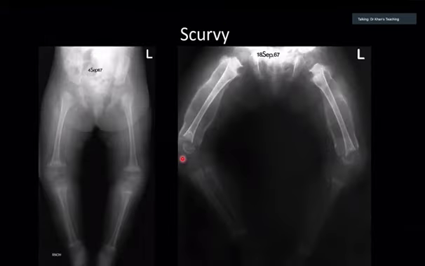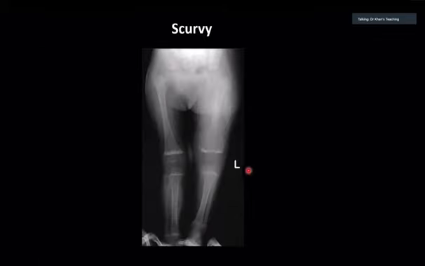And sometimes in scurvy, there is subperiosteal bleeding, and it will cause periosteal reaction. Look at this case, 4th September 67 and 18th September, a lot of periosteal reaction is there. And this is another case where there is a lot of periosteal reaction. And you can see this Wimberger sign and Pelkan spurs, etc.